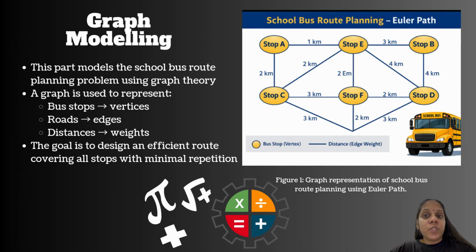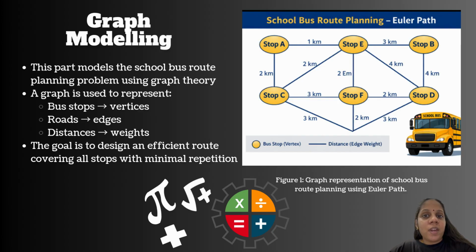Now let's move into the part on graph modeling, where things get more interesting. We are going to use graph theory to solve the real life problem. Imagine you are a school bus driver. Your job is to pick up students from multiple stops. Now the question is, how do you plan your route so you don't waste time and fuel and repeat the same route?